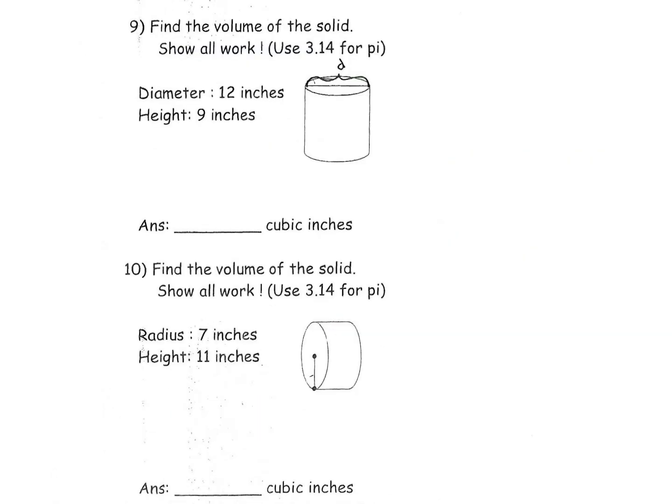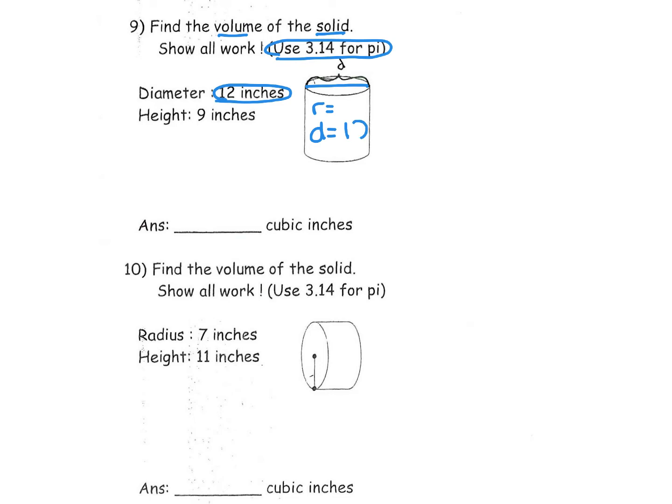Problem number 9 states, find the volume of the solid. Use 3.14 for pi. We're given a diameter of 12 inches all the way across. Well, what we really need to know is the radius.